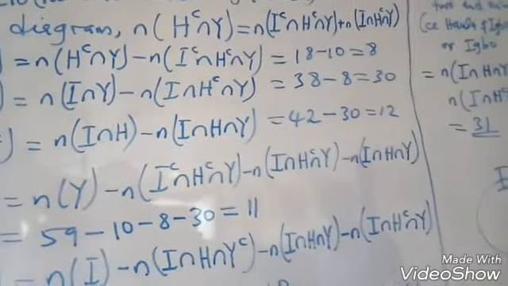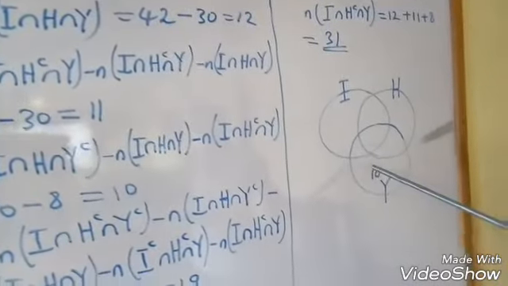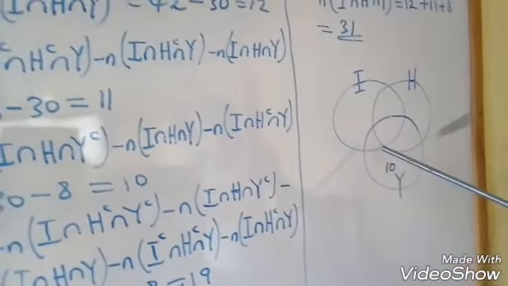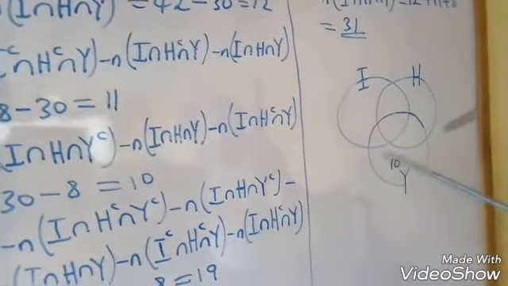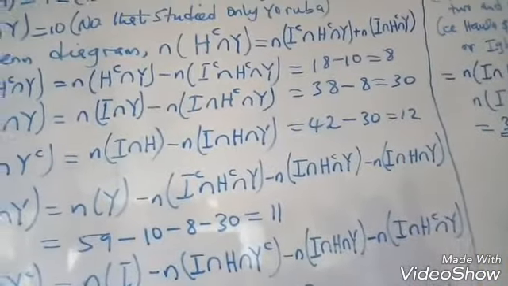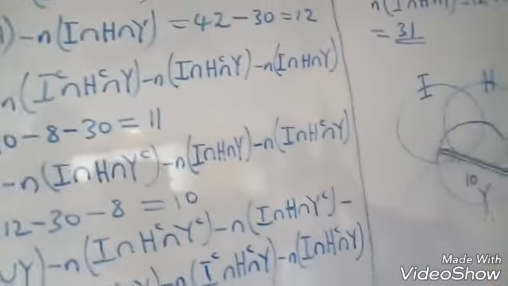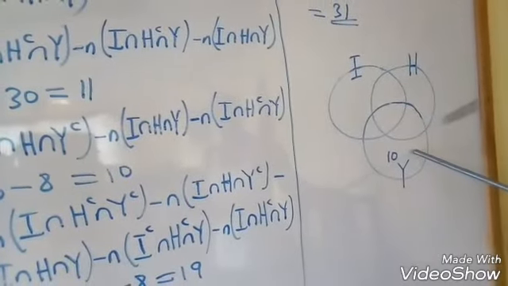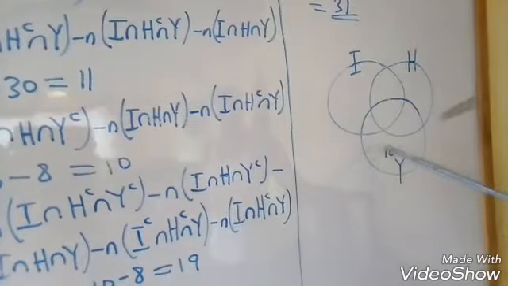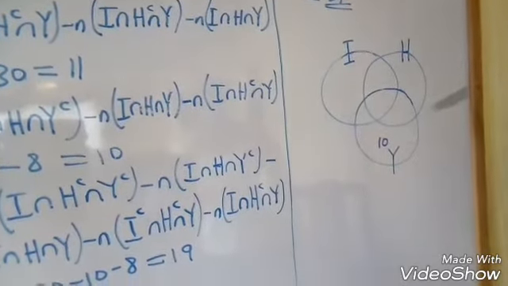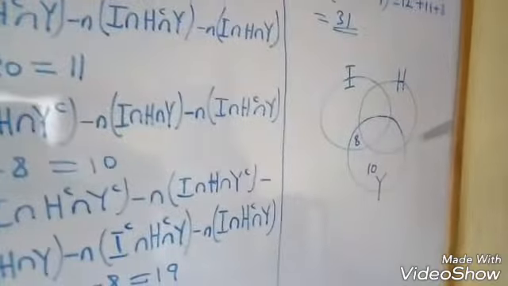It is equal to N of H complement intersection Y, the whole of this, minus this alone, which is called I complement intersection H complement intersection Y. Now from here to here, from the question, we are told that is 18. That is H complement intersection Y. So this one alone is what? 18 minus 10. So that here will be 8.